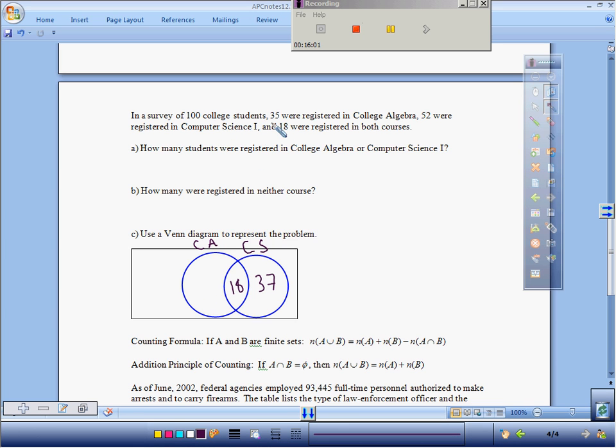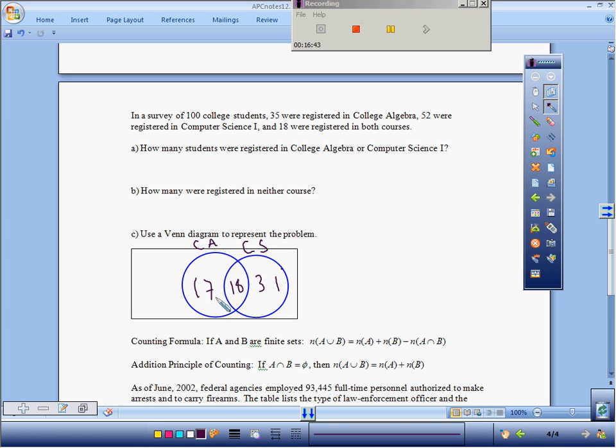There were 35 students in college algebra, so 17 over here. Everyone see where I got 17?